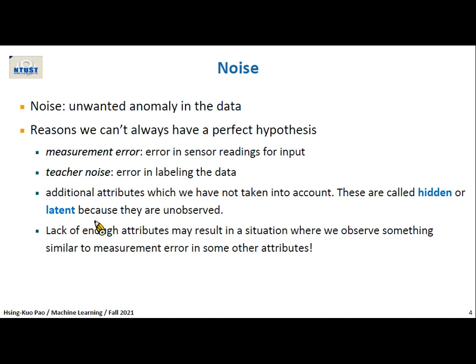So we deviate from the norm and we don't know what's going on. It's like noise. It's like a measurement error in some sense. So for all kinds of situations like this, we have to know how to deal with them.